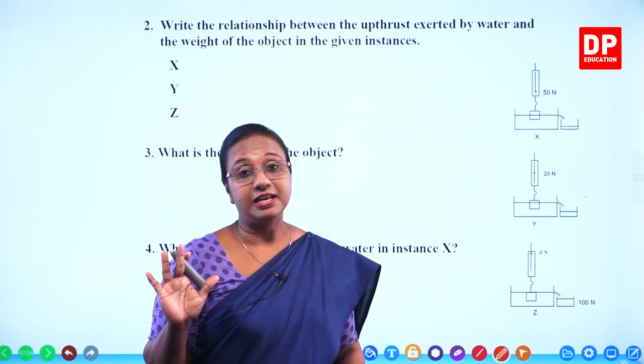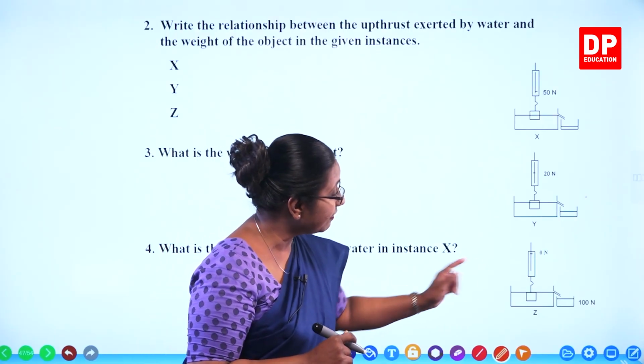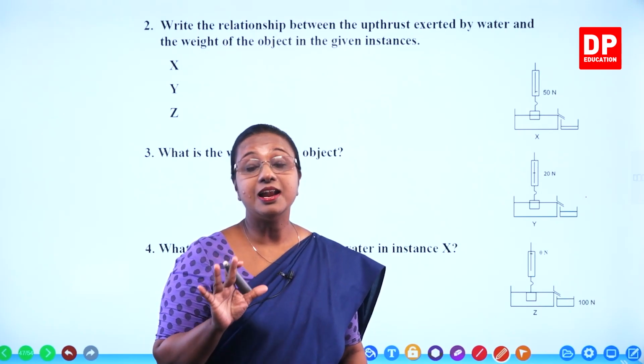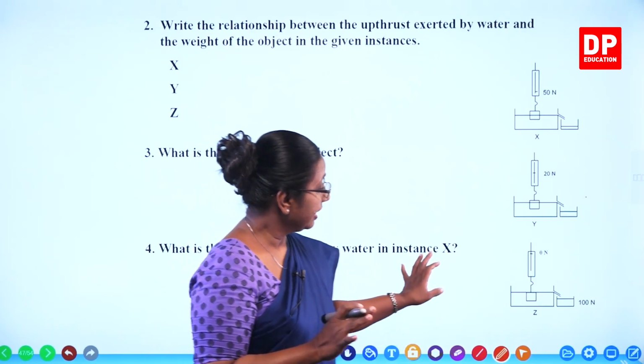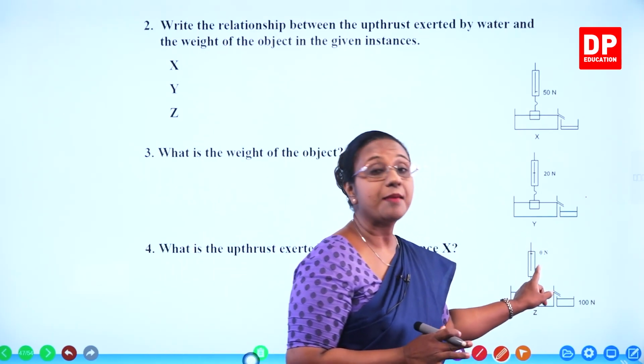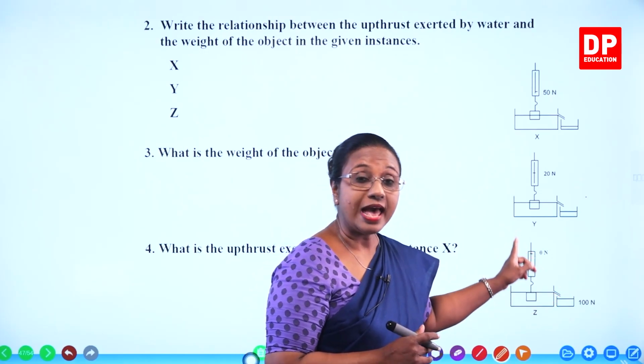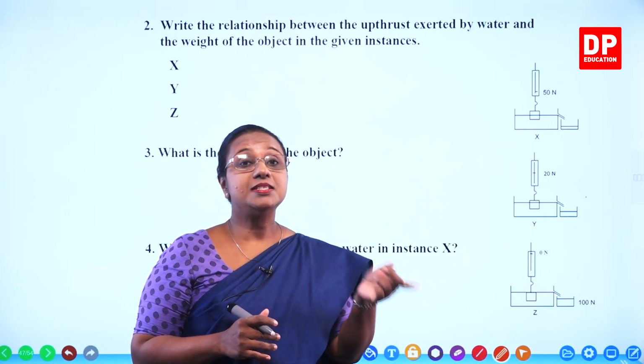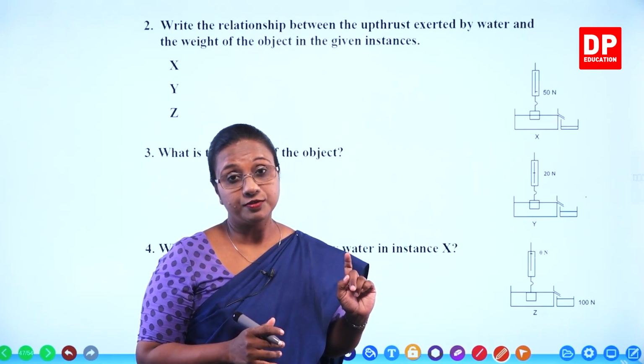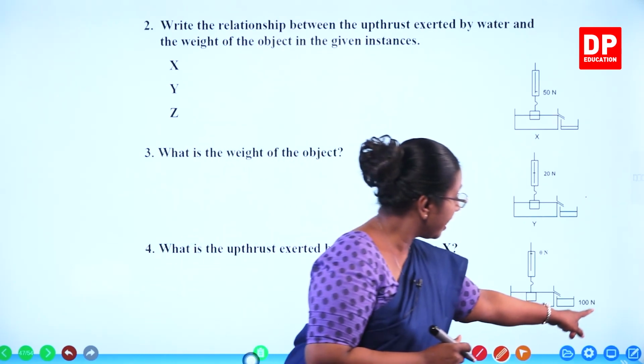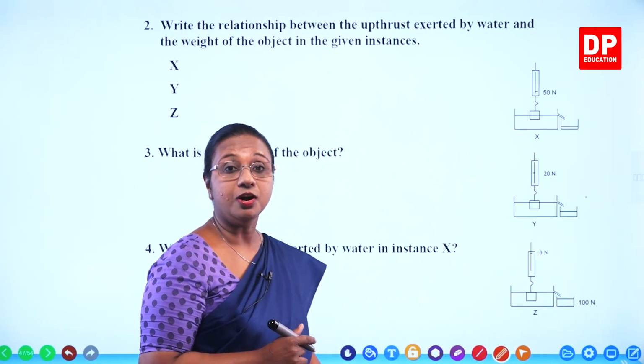So from that, you all should know that the weight of the object is 100 Newton. Why? Here, there is no apparent weight. So that means the upthrust is equal to the weight of the object. Then 100 Newtons is the weight of the object.